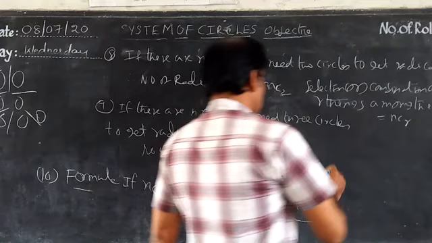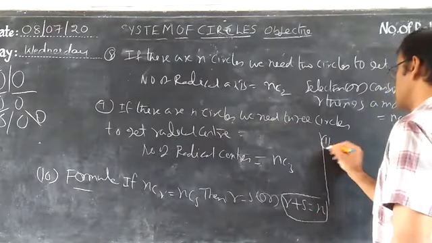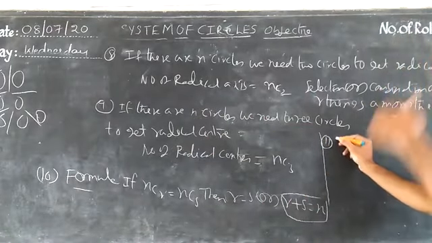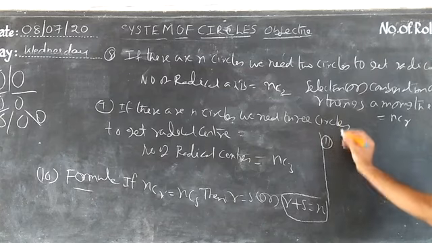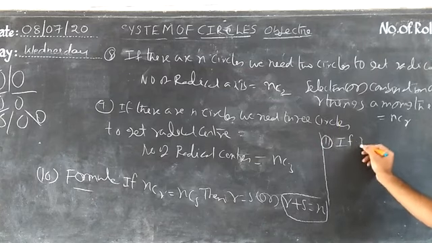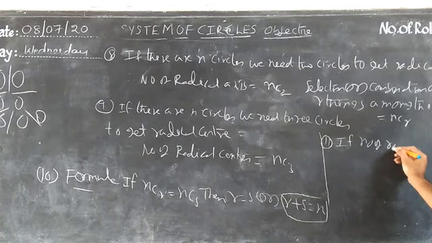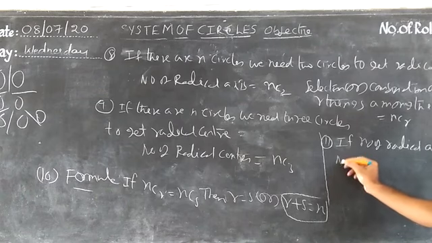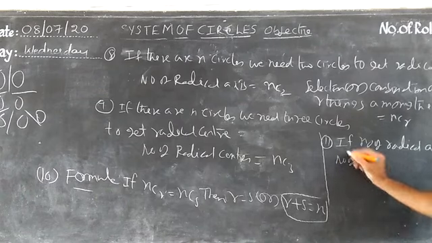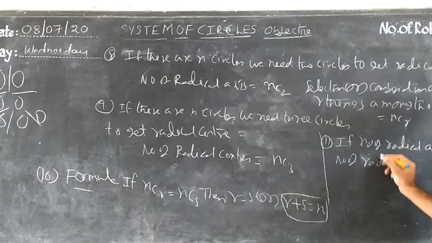Now let us discuss the case where the number of radical axes is equal to the number of radical centers.